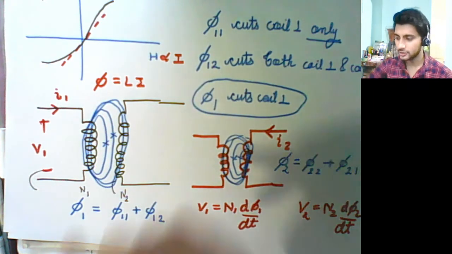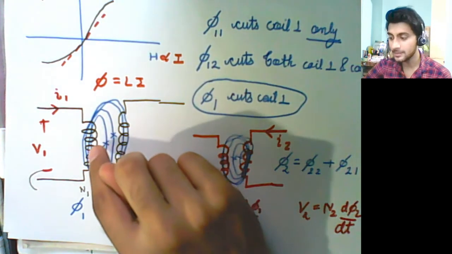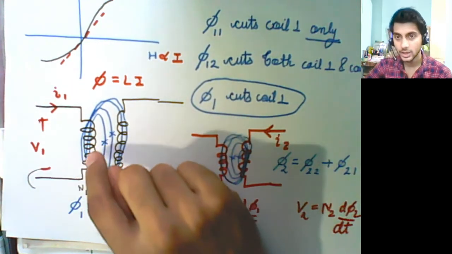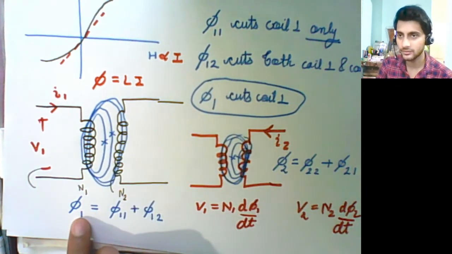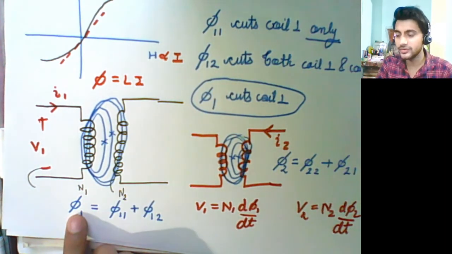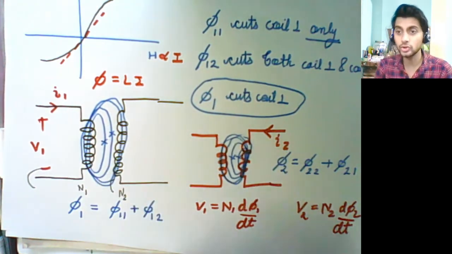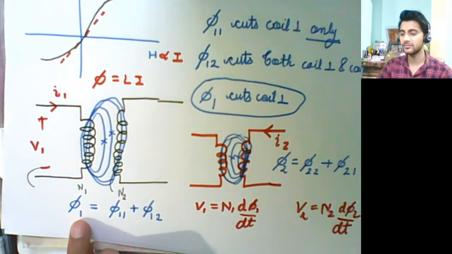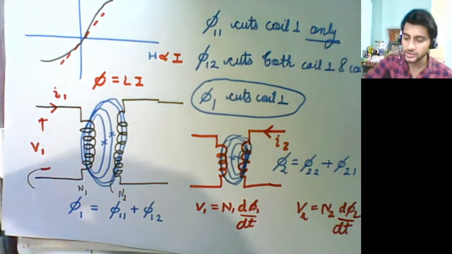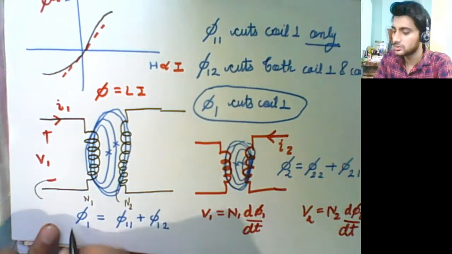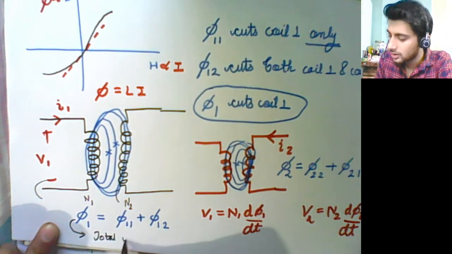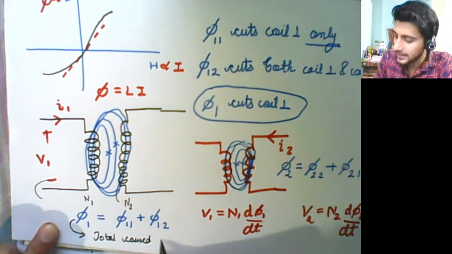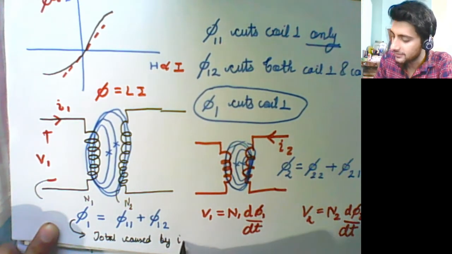So let me call that, actually, you know that the total flux that would be passing through coil 1, first is phi 1, that we know, which is because of its own current I1. So phi 1 is the total flux caused by I1.